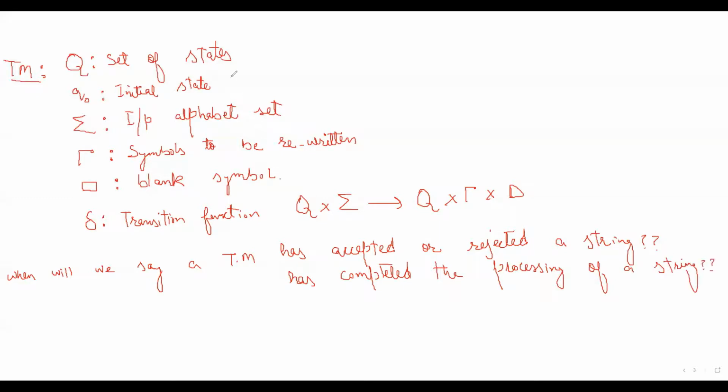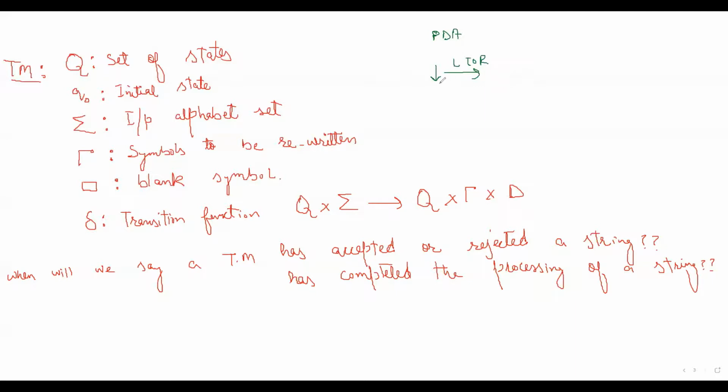For example, in the case of a DFA, deterministic finite automata, or a PDA, the tape head was moving in only one direction, left to right.